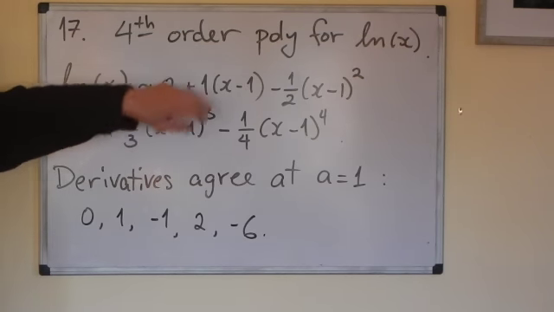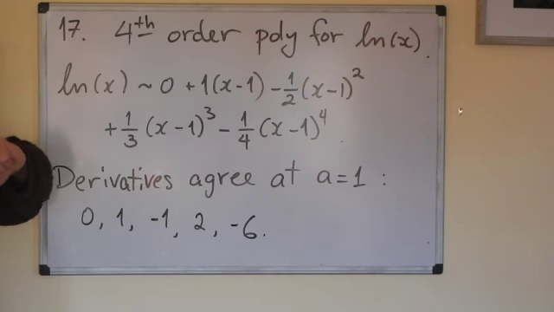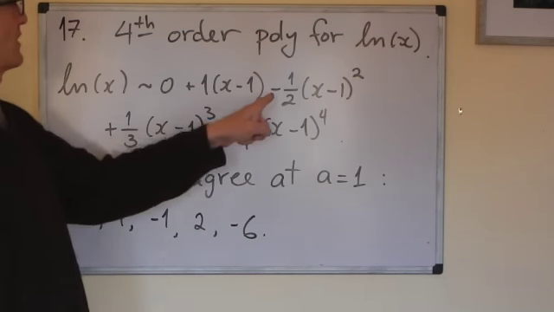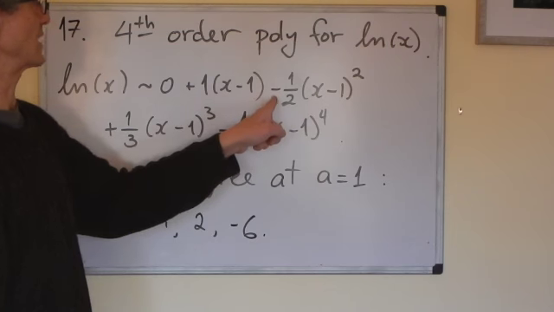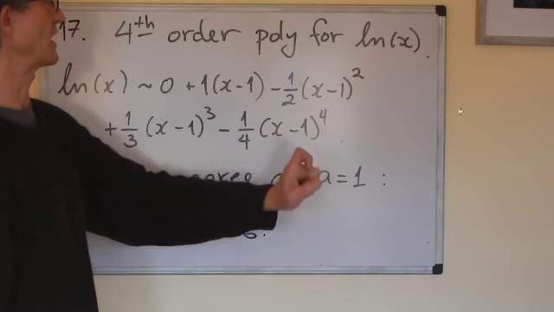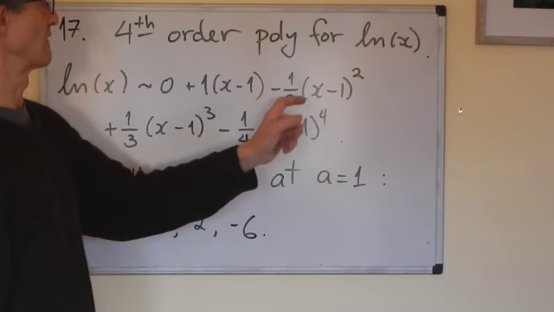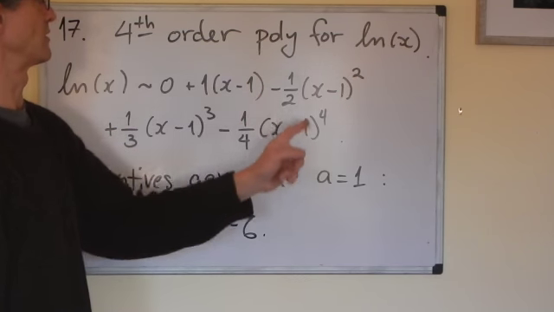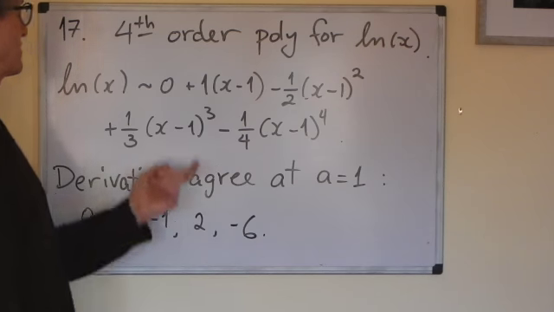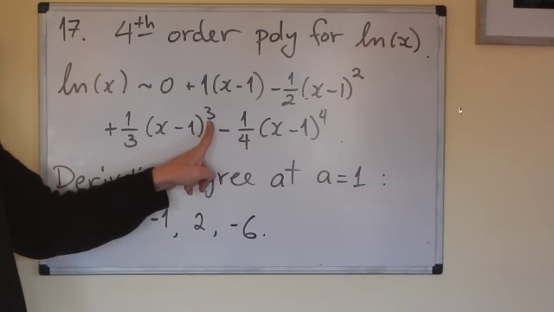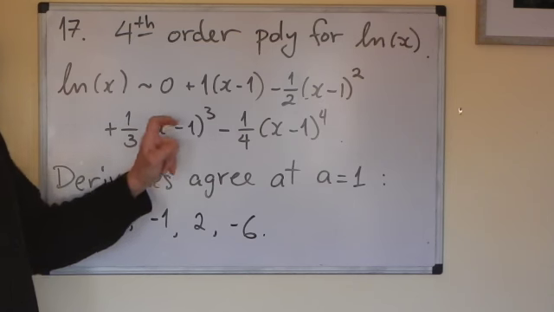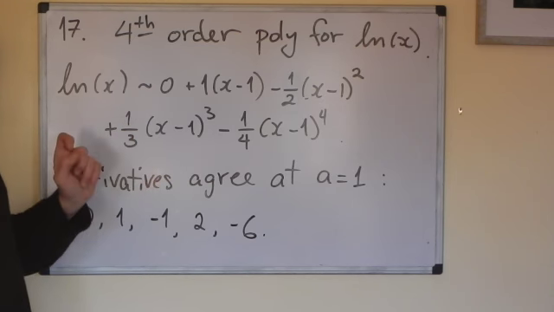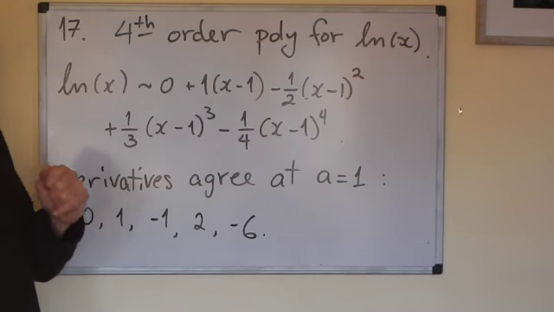Okay, let's take the second derivative. This first term disappears. It is linear, so its second derivative is 0. Here when I differentiate once, I get minus 1 times 2 times x minus 1, and when I differentiate again, I just get minus 1. So I have minus 1 over here, and then when I differentiate this twice, I'll get 6 times x minus 1, and 6 over 3 is 2, but there's an x minus 1 in there.